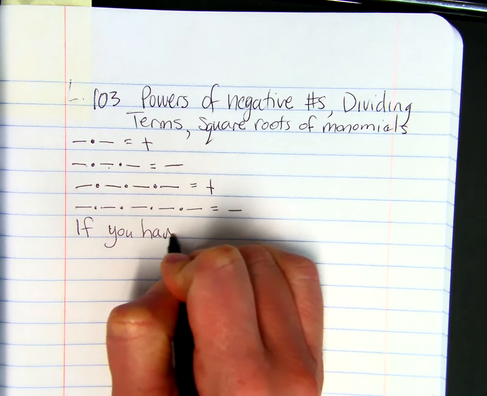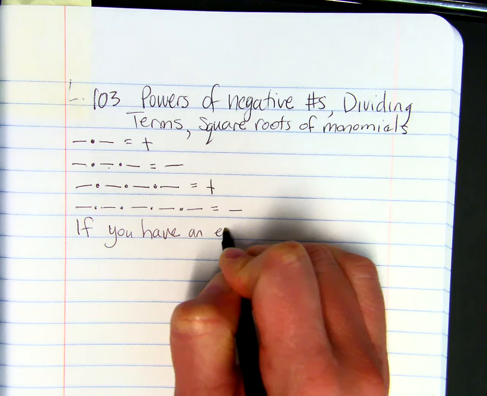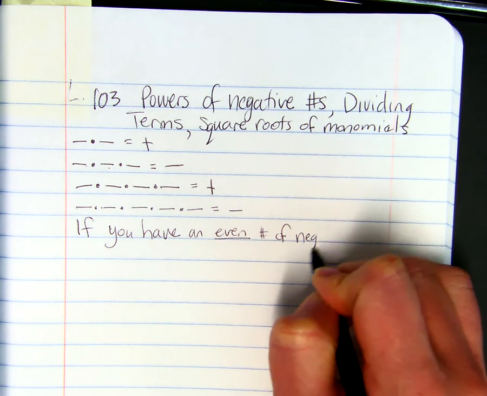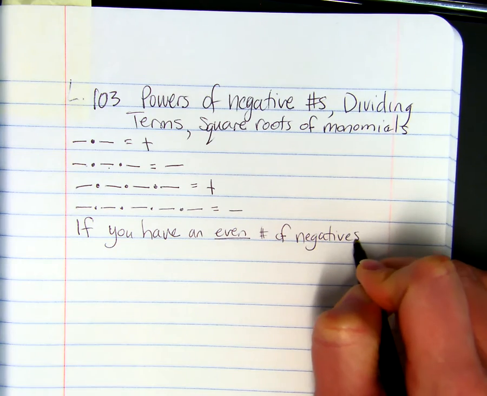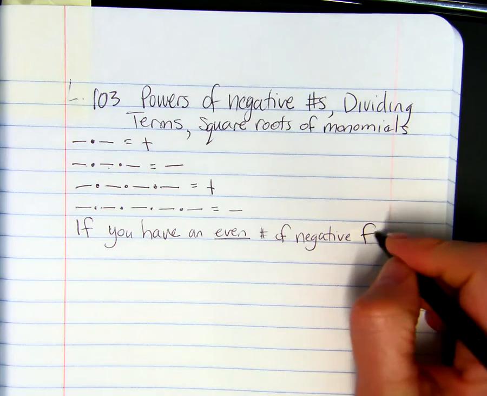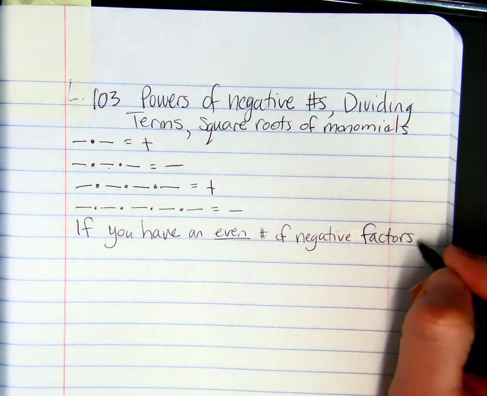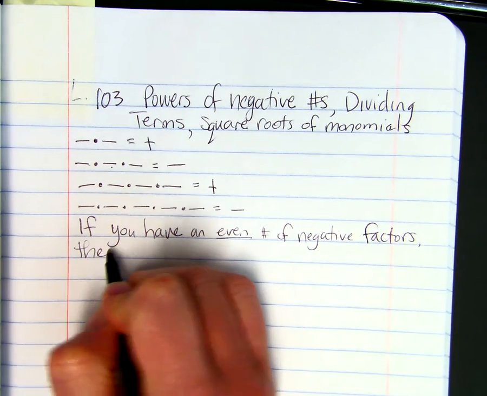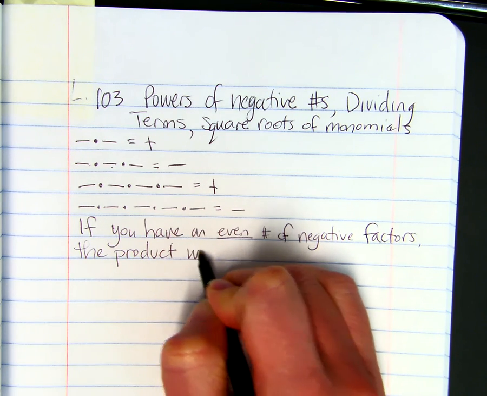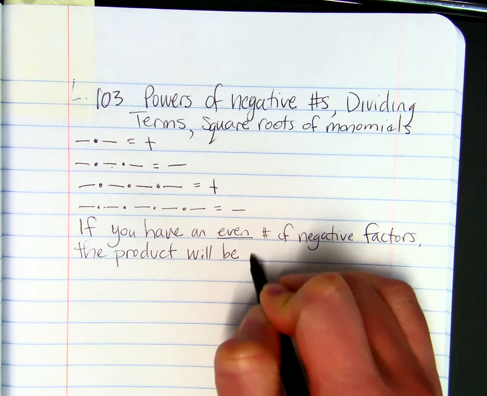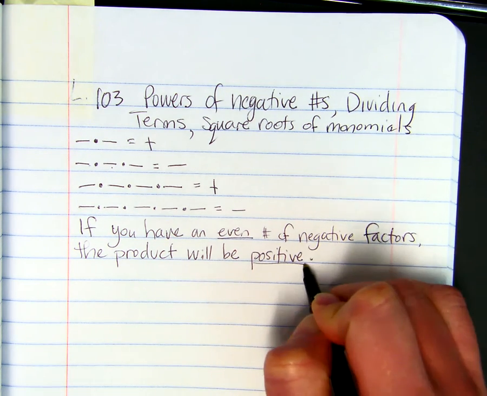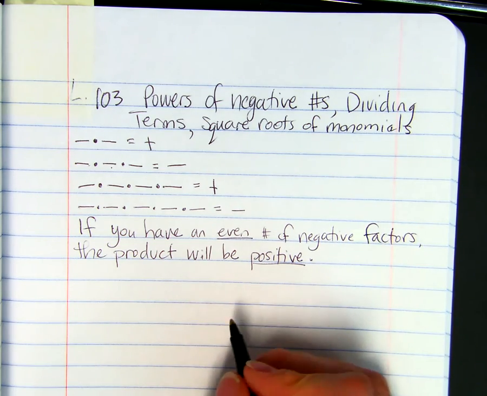If you have an even number of negative factors, the product will be positive. So an even number will be positive.